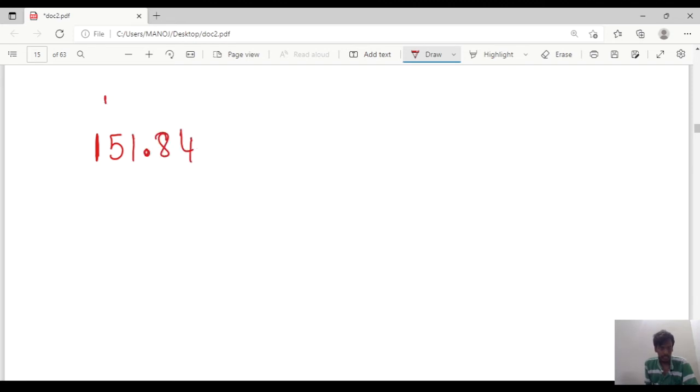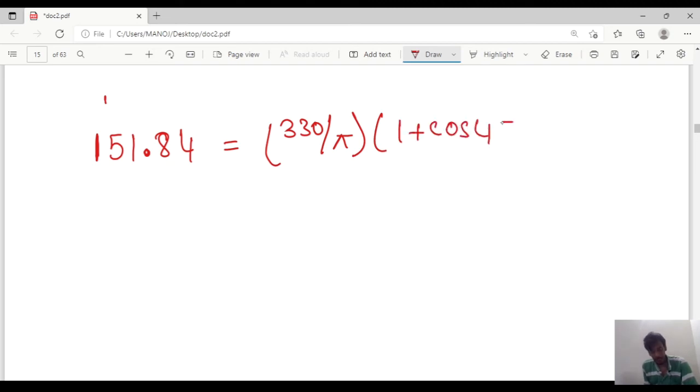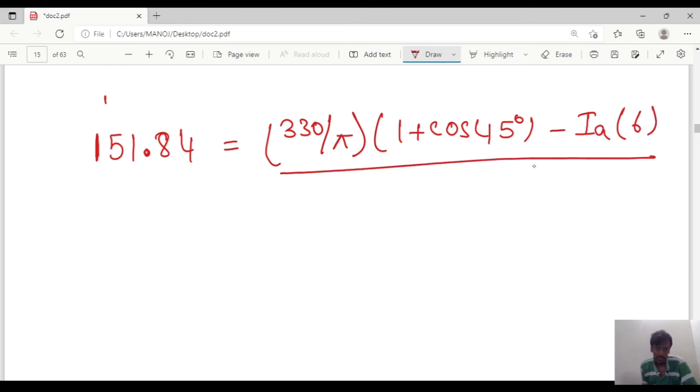So 151.84 equal to Vm by pi, Vm by pi means 330 by pi into 1 plus cos 45, which is 179.31, minus Ia into Rm, motor resistance 6, by MEF 0.15 into Ia, as M resultant will be neglected.